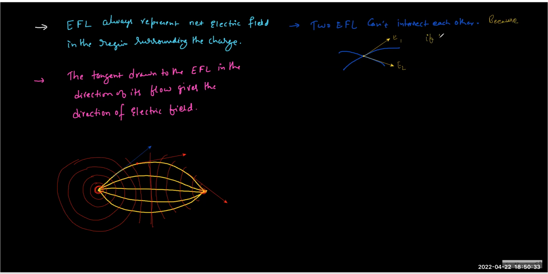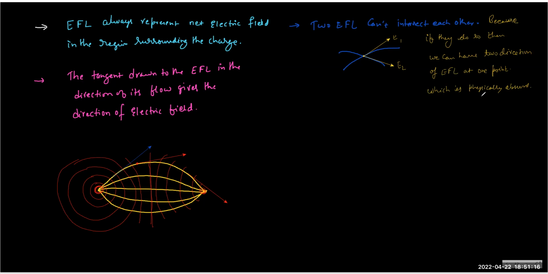Because if they do so, you can have two directions of electric field lines at one point, which is physically absurd. And that's the simple answer.